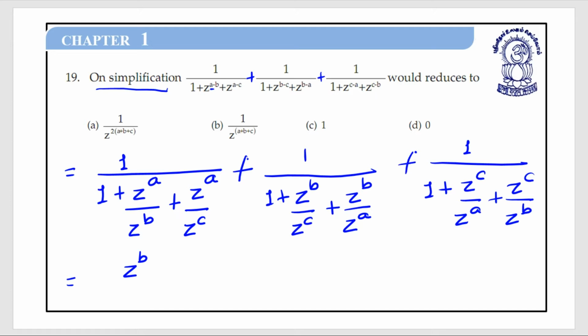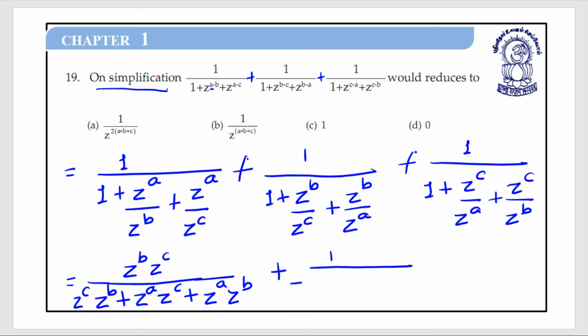So z raised to b, z raised to c upon z raised to b plus z raised to b, here multiply with z raised to c, z raised to a into z raised to c, plus z raised to a, z raised to b plus 1 upon z raised to c, z raised to a.